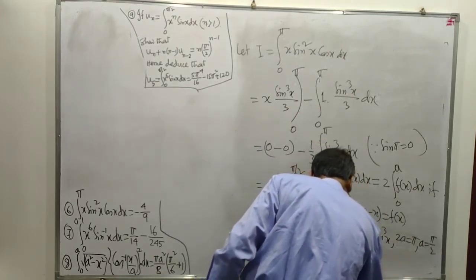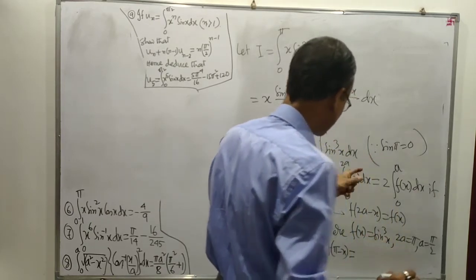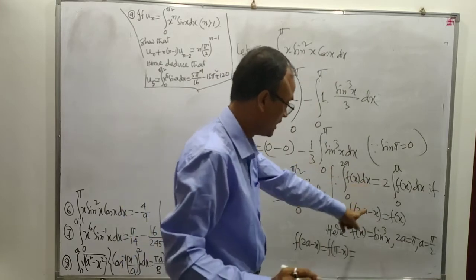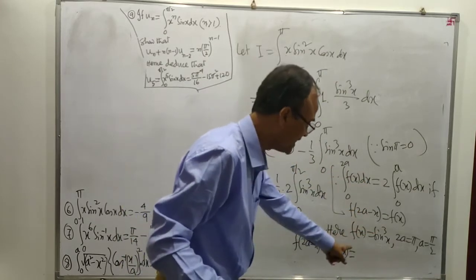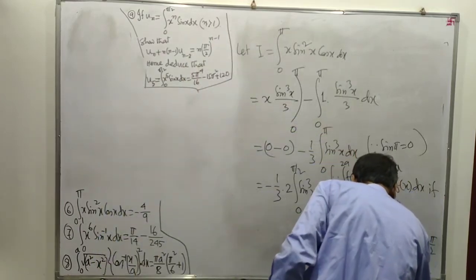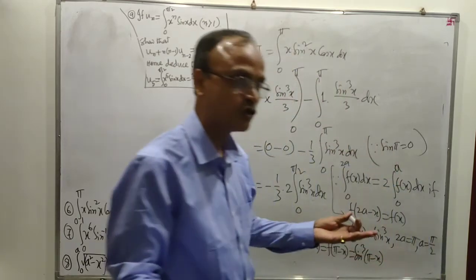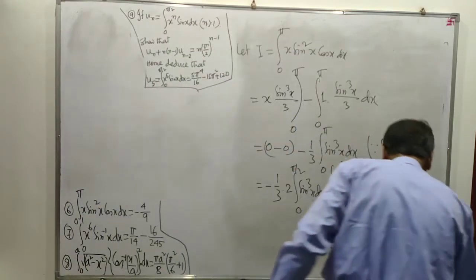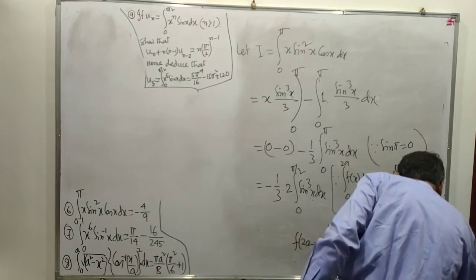It is f(pi minus x), which is sin cube of (pi minus x). Sin(pi minus x) is equal to sin x, so it will be equal to sin cube x. It is nothing but f(x).